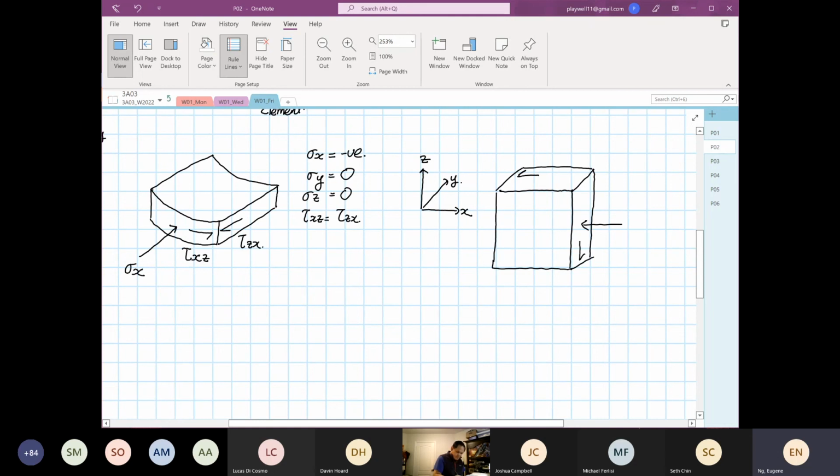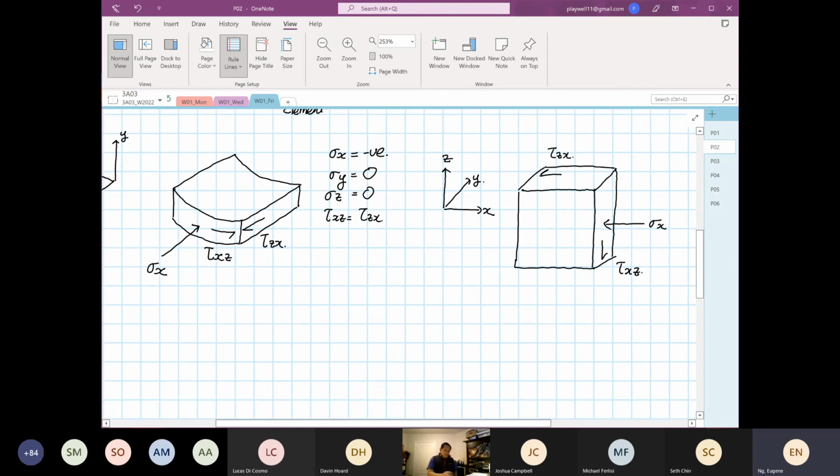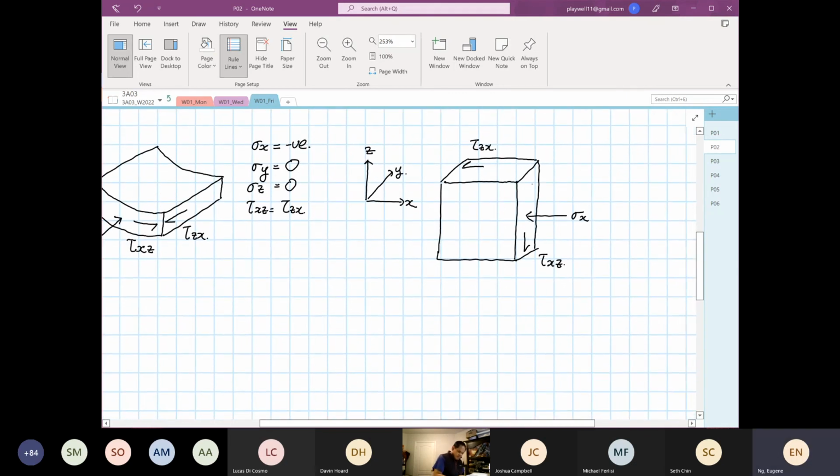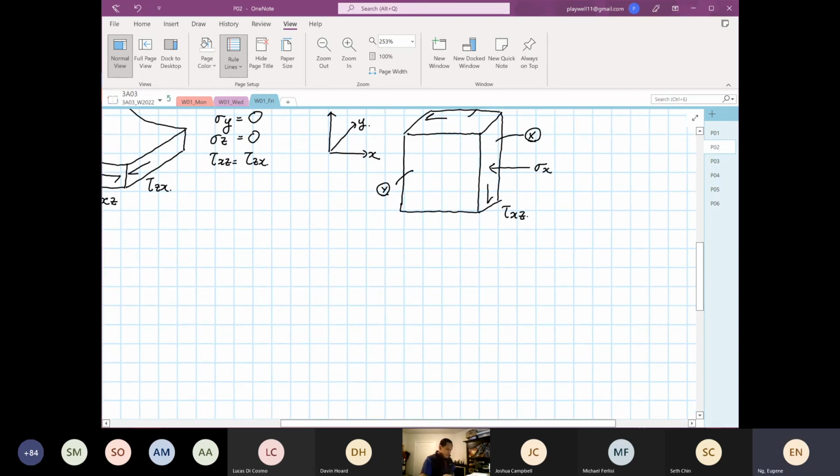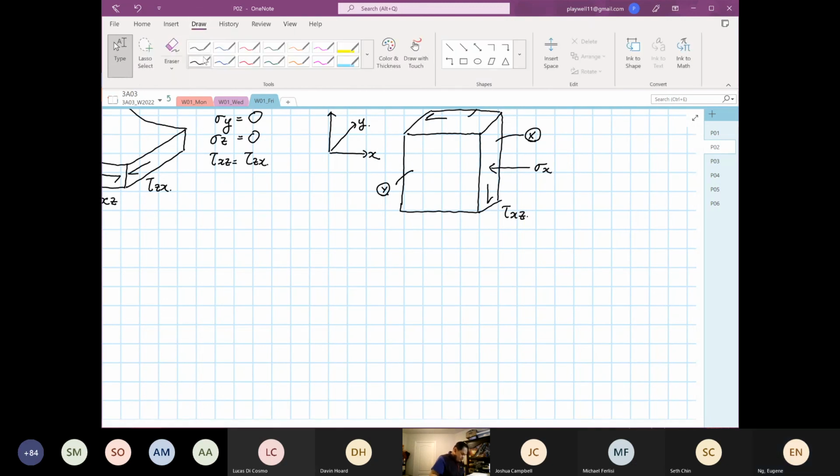So this is our stress X, this is our shear XZ, and this is our shear ZX. Now we label this X, this Z, and this Y. Now we are going to construct a 3D Mohr circle.